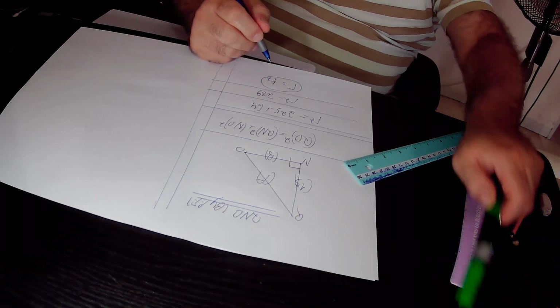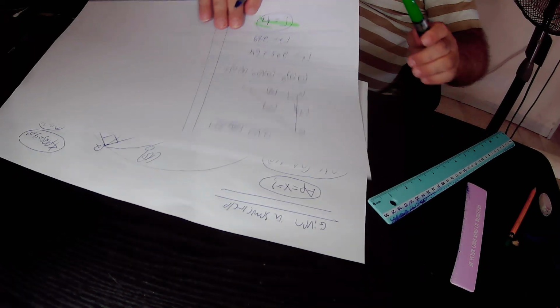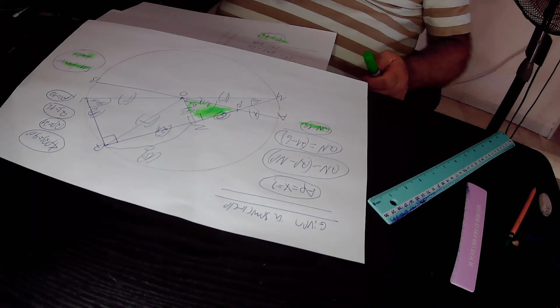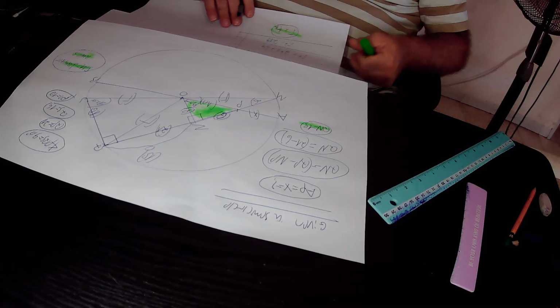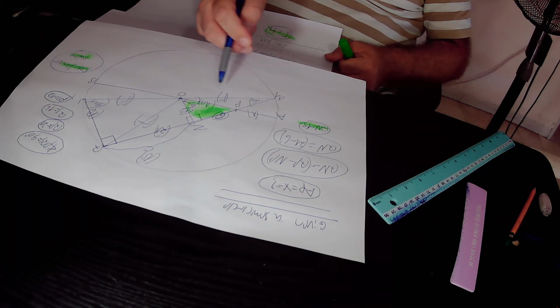So we found out that the radius R of this circle is equal to 17 units. OA is also the radius of this circle.